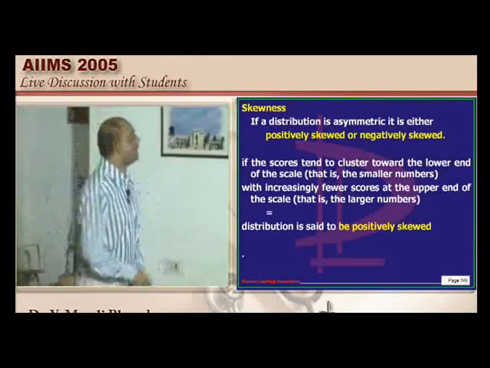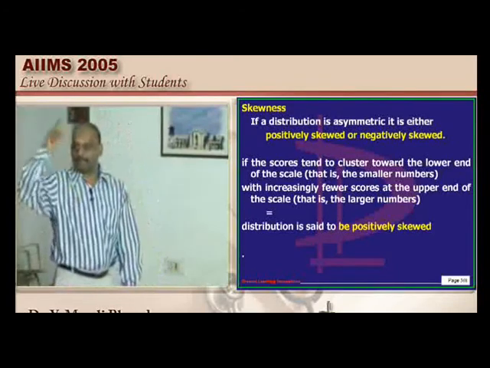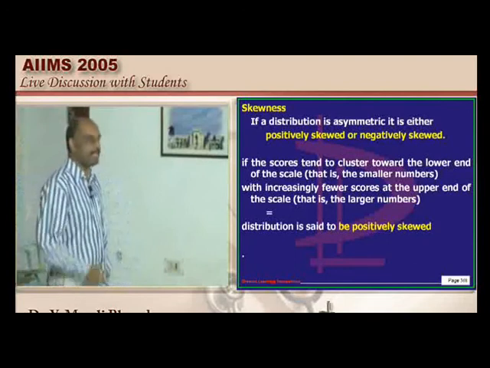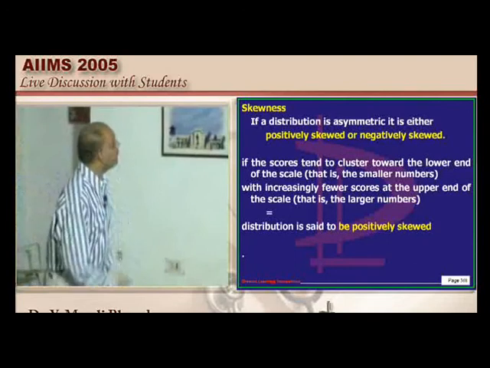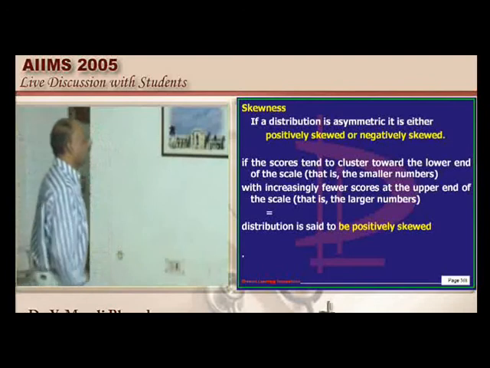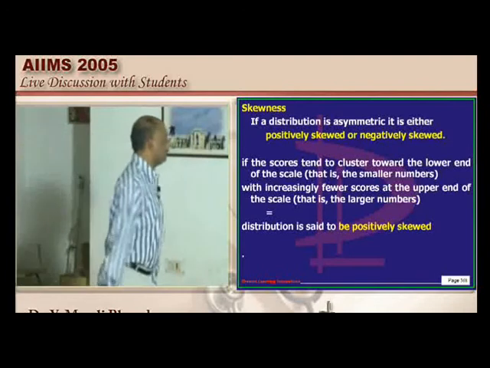If the distribution is asymmetric, instead of being that symmetric bell shaped curve all of us read in the last pages of the Park textbook, if it is not like that, it is called skewed. Positively skewed means what?